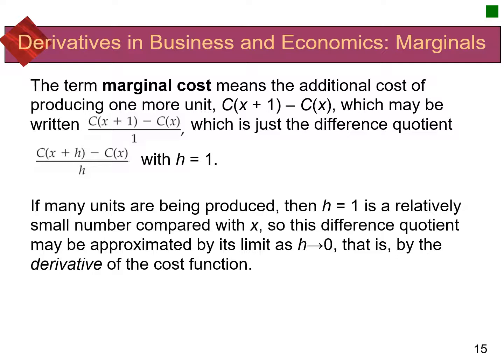Now they define it as a difference quotient, but it's basically a derivative. So if they ask for a marginal cost, you're basically finding a derivative of the cost function. If you're asked to find a marginal revenue function, you're asked to find the derivative of a revenue function, and same thing with profit. So marginal profit is the derivative of a profit function.